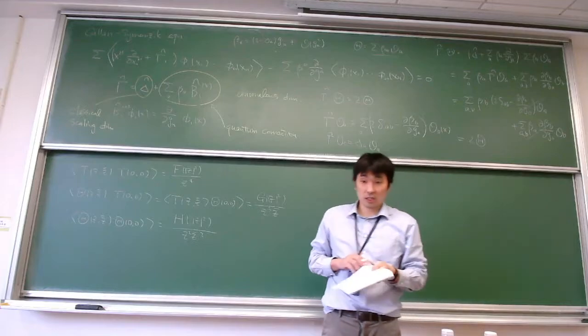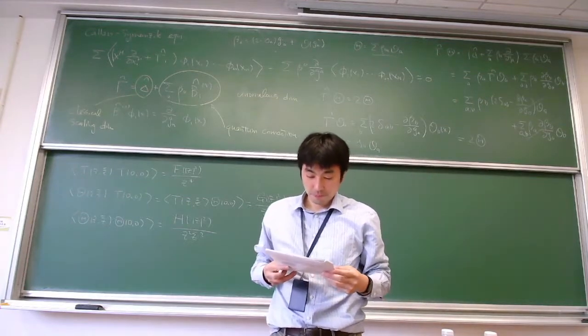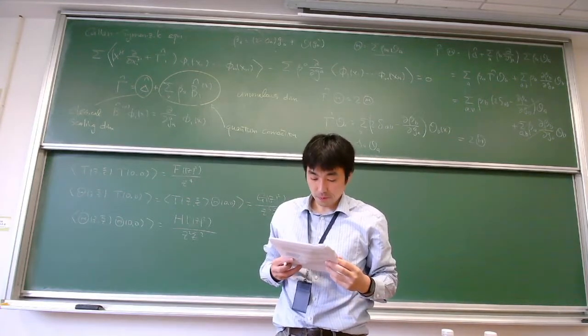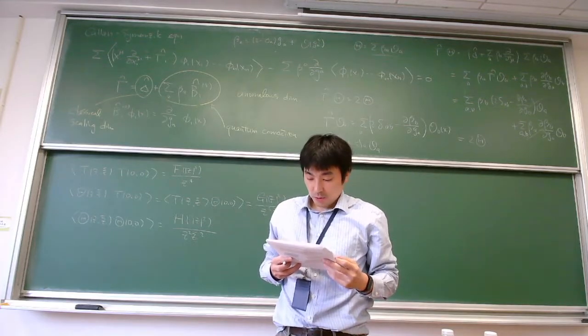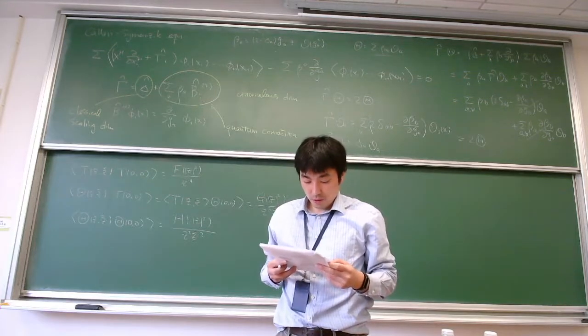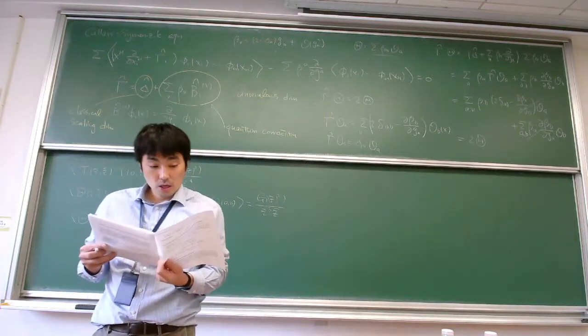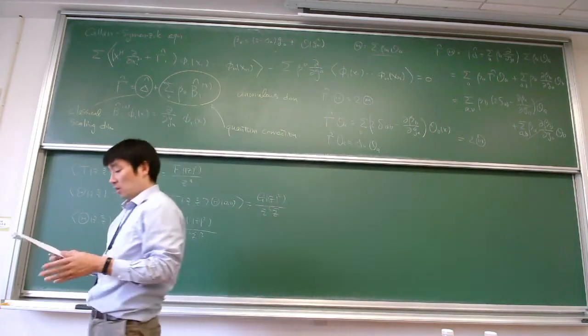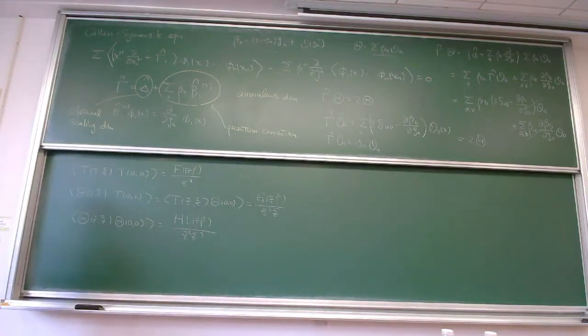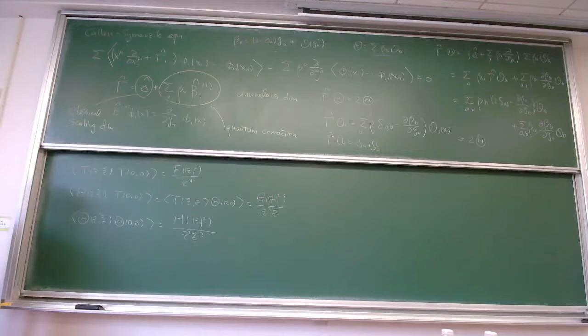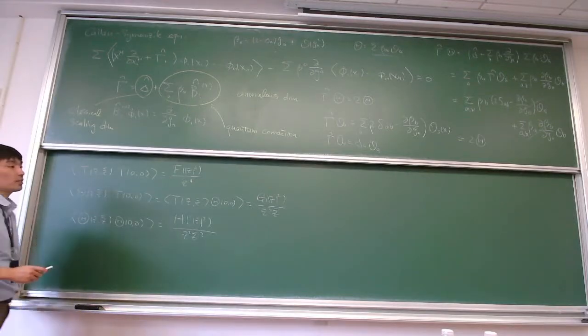That's the correction to equation 6.14 in my lecture note. You don't need the 1 over 2 pi. I made a mistake. Okay, and now we start talking about the Zamolodchikov theorem. The Zamolodchikov theorem is a statement.